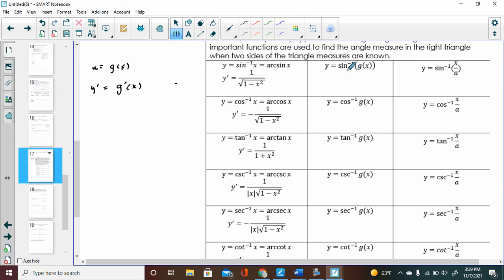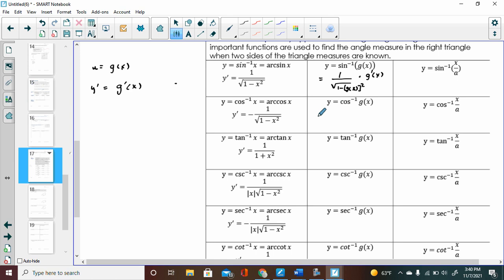All right. So here, the way we'd write this, you could write however it's easier for you to recall this, but this is just 1 minus g of x, and that's squared, and this is all times the derivative of g of x.